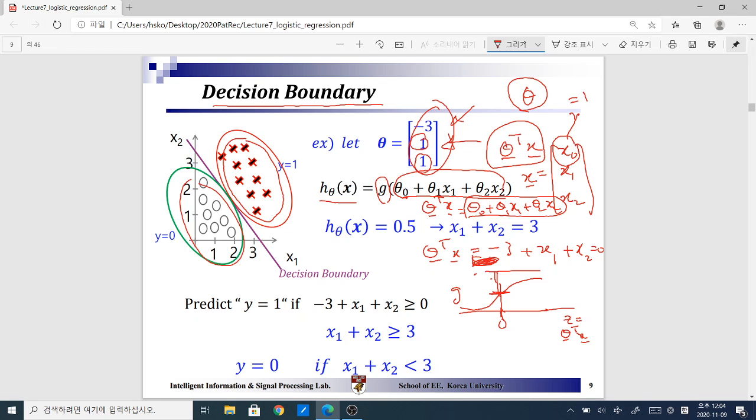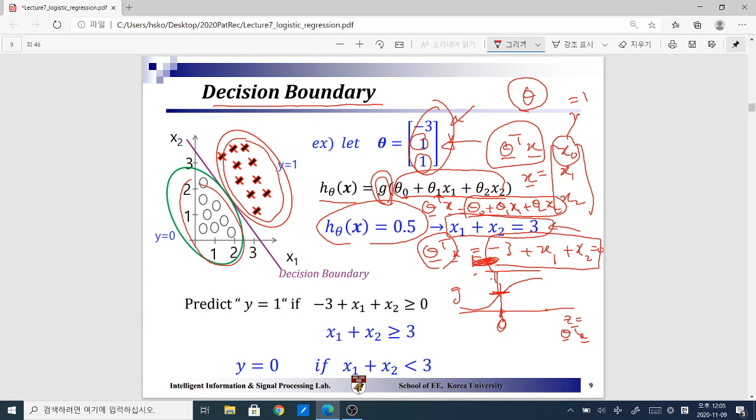So we need to set the inside of the parenthesis equal to 0 in order to obtain the decision boundary, where the hypothesis function h of x is equal to 0.5. If you set that equal to 0, this is what we have.